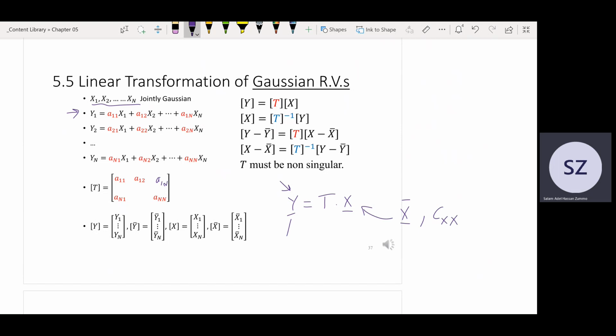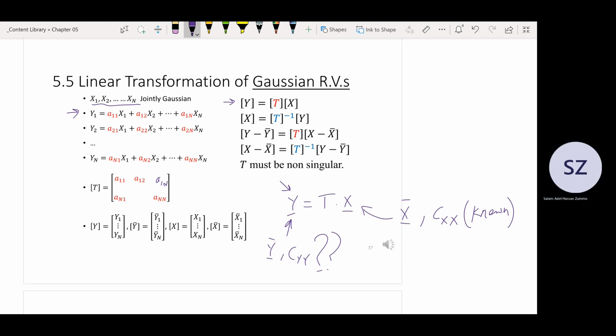We need to find y's mean and the covariance matrix. Jointly Gaussian random values are specified by only the mean and the covariance matrix. So these are the knowns, and these are the unknowns.